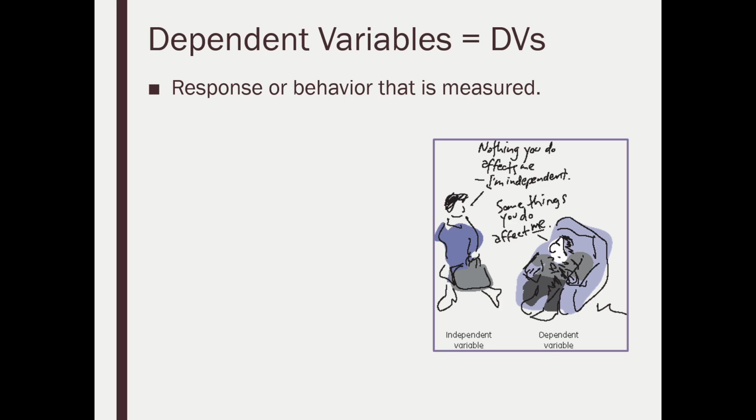Their score should depend on the condition that they experienced. Whereas the independent variable should be independent. It is what it is. The researcher assigned or nature assigned, or it is what it is. The dependent variable will vary depending on which condition the person experienced.